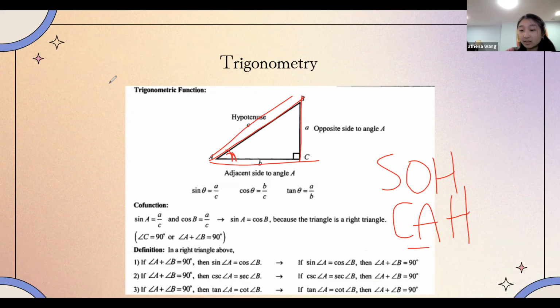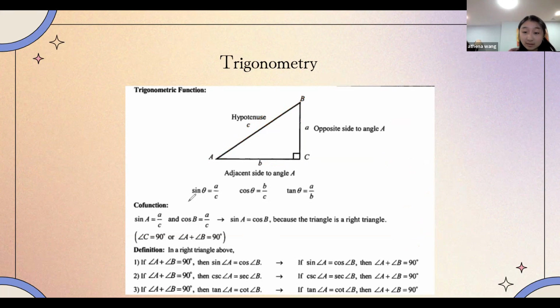And then TOA: the tangent is the opposite over the adjacent. So tangent of A is the opposite over the adjacent. Okay, so we have these three forms over here.